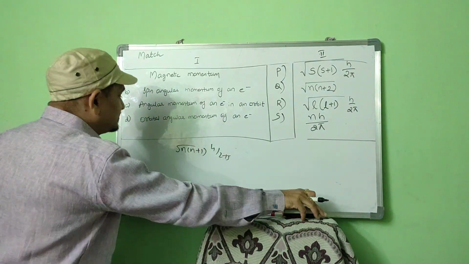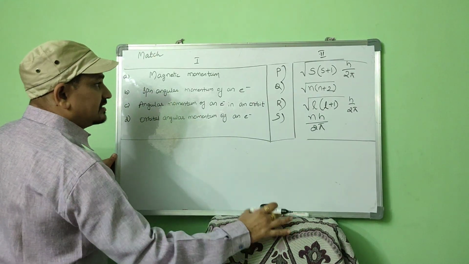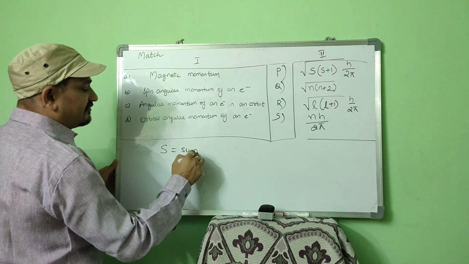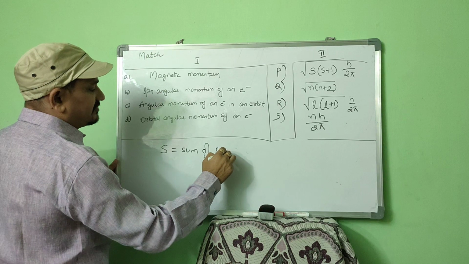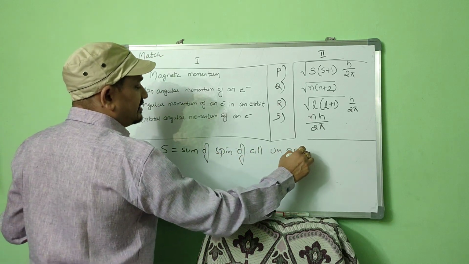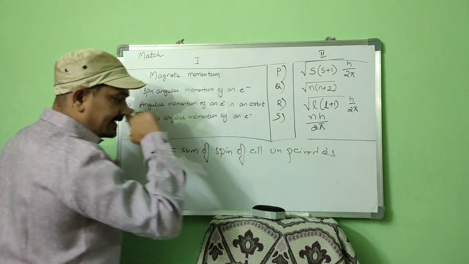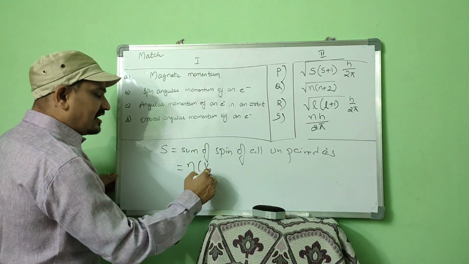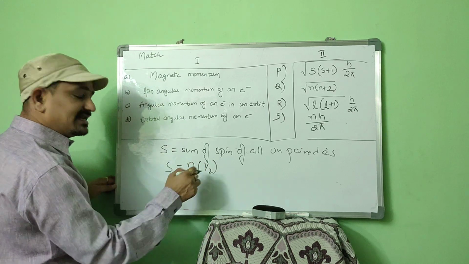But as there is no such relation, we have to recap something. Just now we discussed what capital S corresponds to: the sum of spin of all unpaired electrons. Suppose there are n unpaired electrons and half is the spin of each, capital S is n by 2, no?